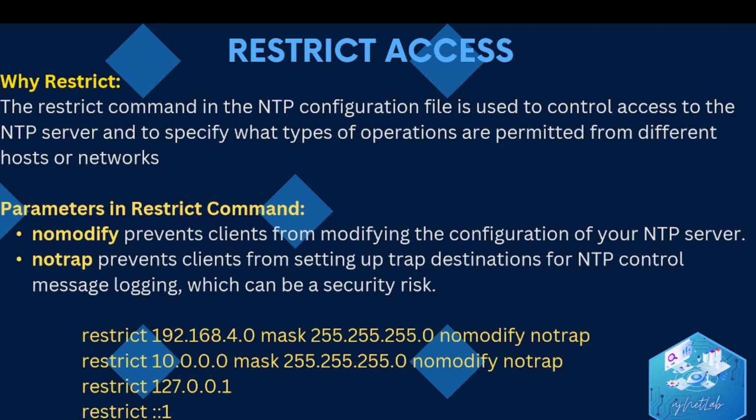The client cannot modify any configuration of our NTP server. Lastly, the notrap option: maybe some can try to make a DDoS attack. He can start sending traps and the server can get busy and the service will be denied. So in order to prevent that, we will make these restrictions. It's not necessary, it's optional, but I am going to configure it.